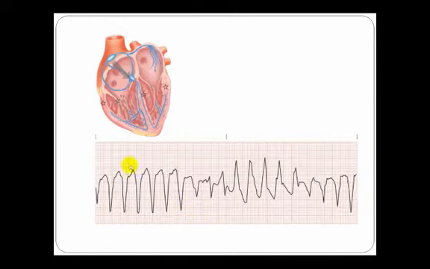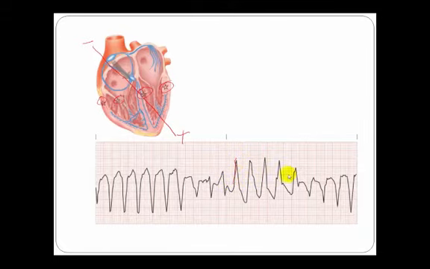This is polymorphic Vtach, and the reason that it's polymorphic is it's coming from multiple locations. Now, the polymorphic Vtach that we're looking at here, the reason that it looks like that is because we look at one pole or one viewpoint, and as it gets closer to that viewpoint, the amplitude increases.